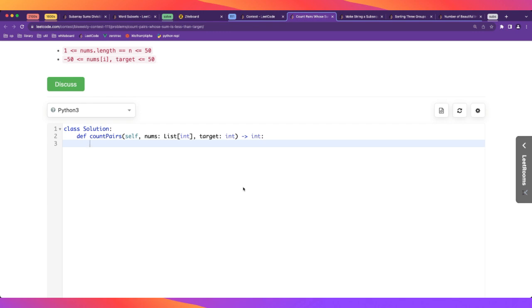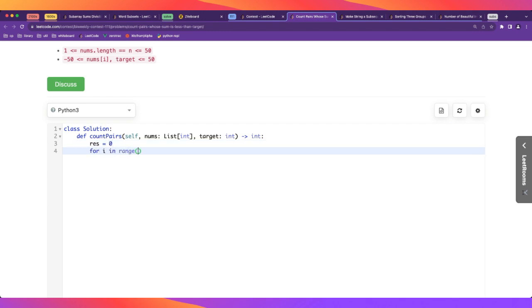I'm first going to code it the same way you would code this in C++ or other programming languages. So we just enumerate all the pairs.